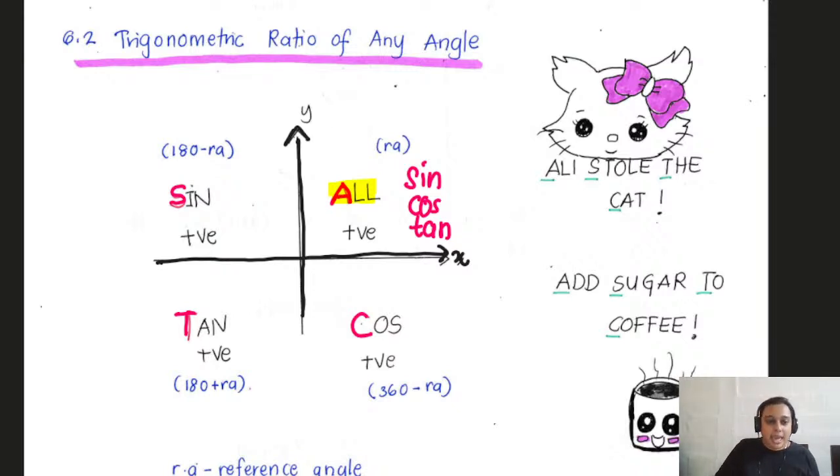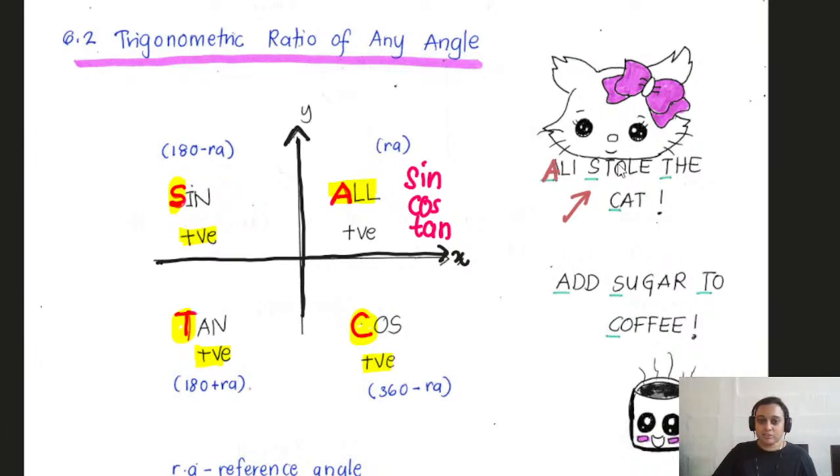S means sine sahaja positif. T is tangent only positif. Sini C, cos sahaja positif. So this is what teacher wrote here for you to remember. You can remember this way: Ali stole the cat.